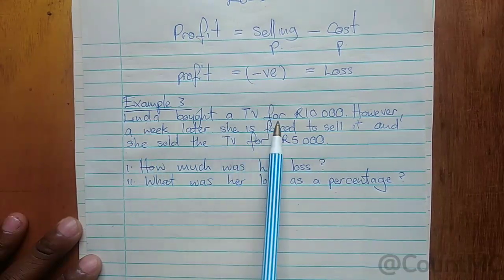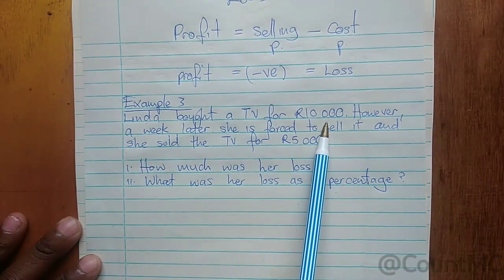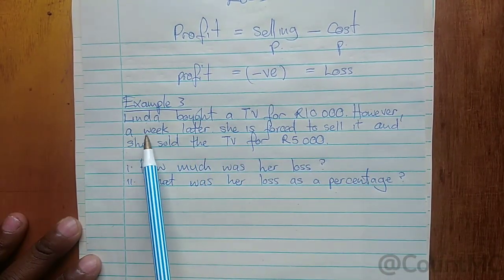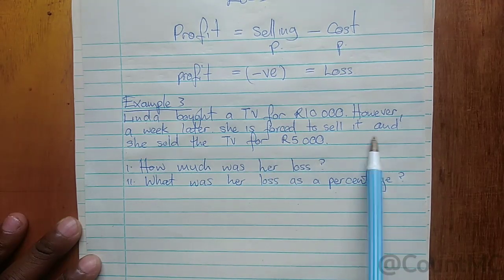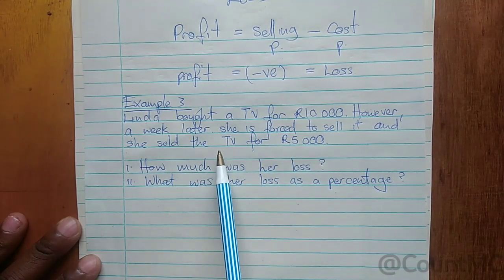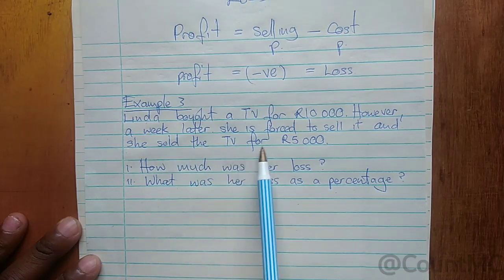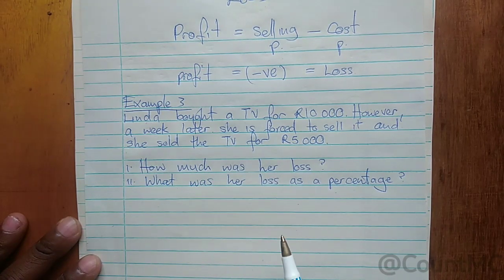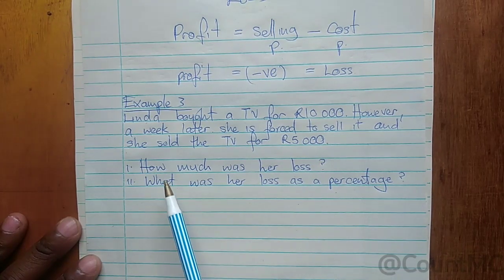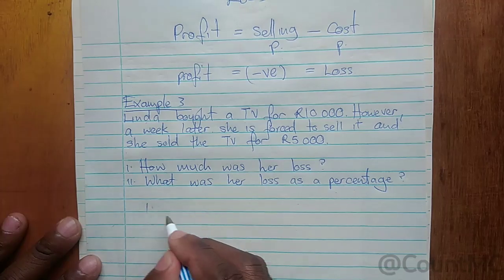Example 3. Linda bought a TV for 10,000 rands. However, a week later, she is forced to sell it, and she sold the TV for 5,000 rands. So she's selling it for less than what she bought it for. How much was her loss? So you use the profit equation.